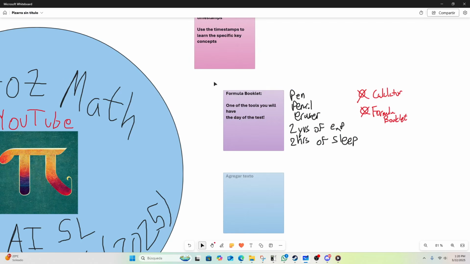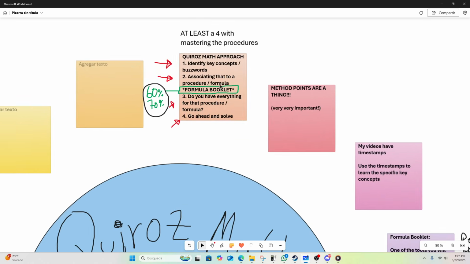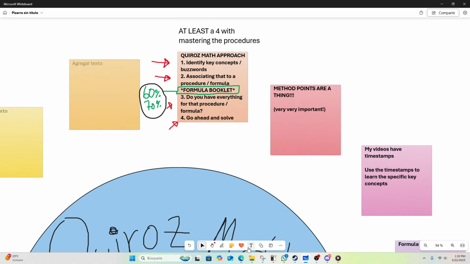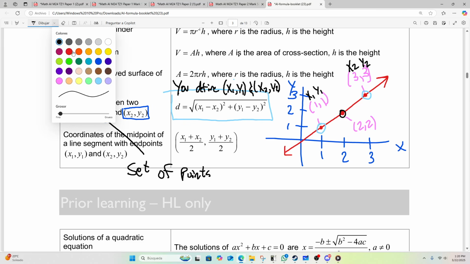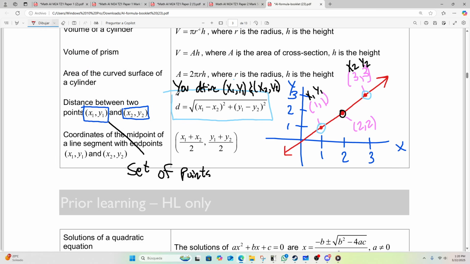This is the part where understanding the formulas is very important, because in this context, you define what is your first point and what is your second point. You define it. And you're going to notice this happens a lot. For a lot of these formulas, you define what each of these points means.